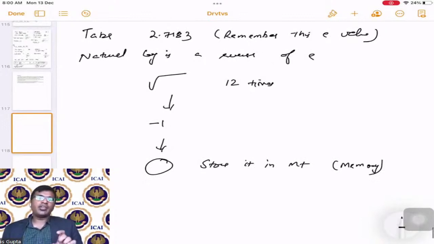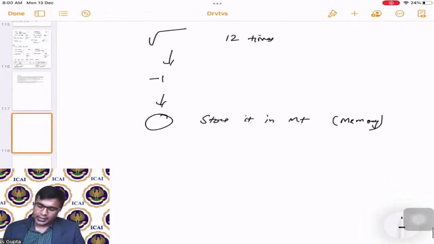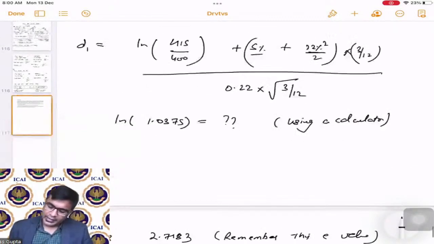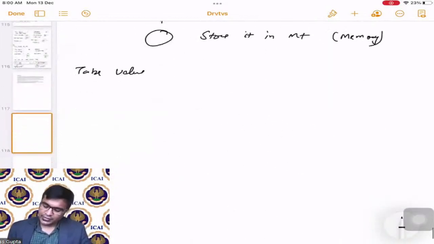So this step you have done using 2.7183, correct? Now as a second step, take the value for which the natural log has to be calculated. In this case it is 1.0375.